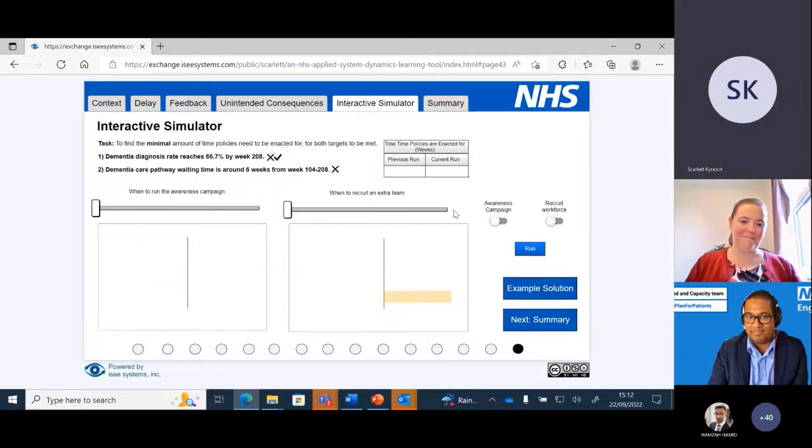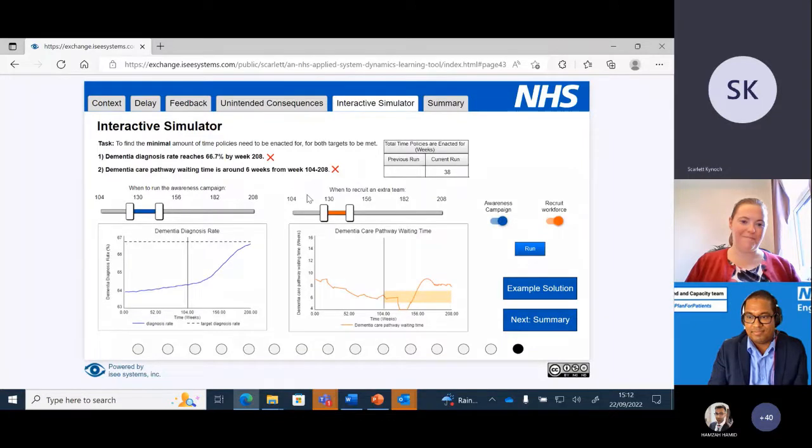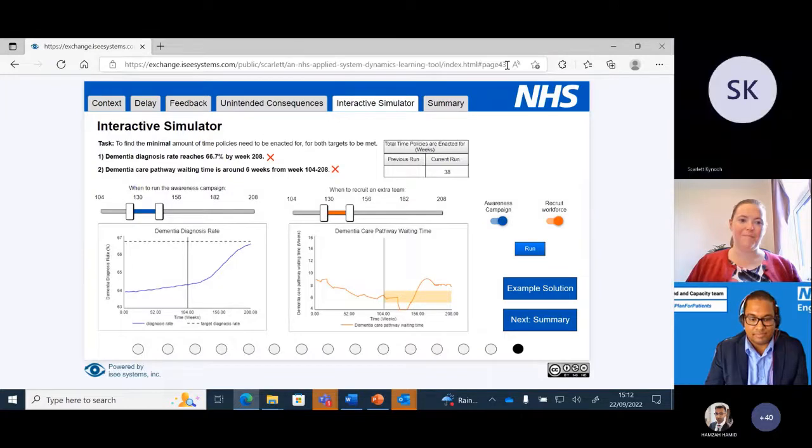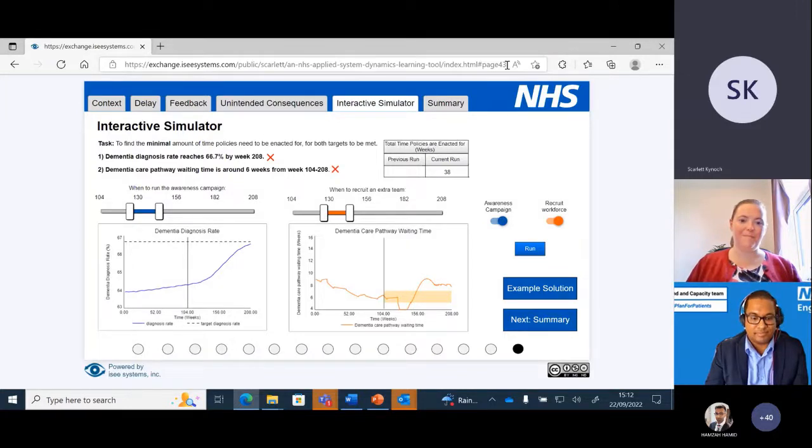Okay, so this is the interactive simulator. What we're going to do is you can all have access, if you can all click on that link that Edwin sent in earlier to the learning tool. What I would suggest is, if you get onto that first page and you press let's go, and then skip the navigation tool, you can go straight to the interactive simulator tab.